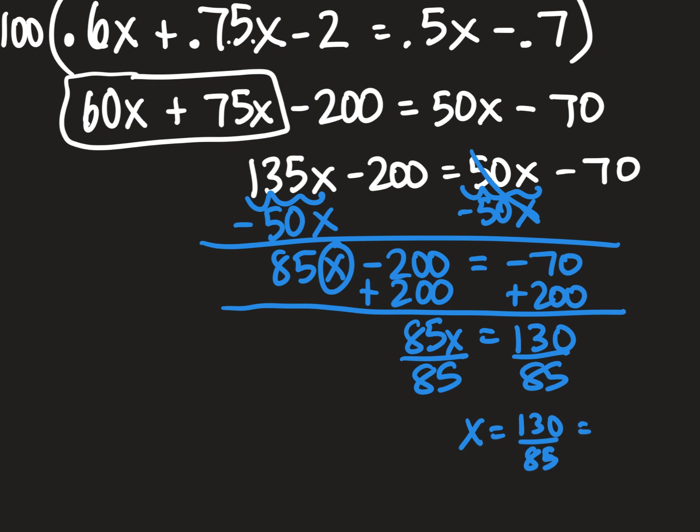So in this case, 5 into 130 is 26, and 5 into 85 is 13, and that is incorrect. It's 5 into 85 is 17, and 26 over 17 cannot be reduced. If you wanted to change it to a mixed number, you could, but 26 over 17 is perfectly acceptable for the answer.